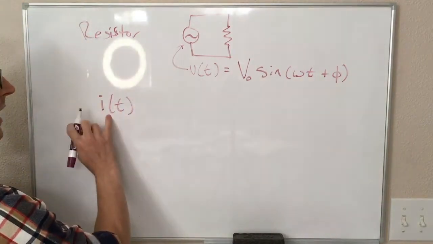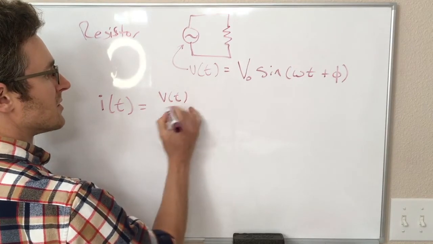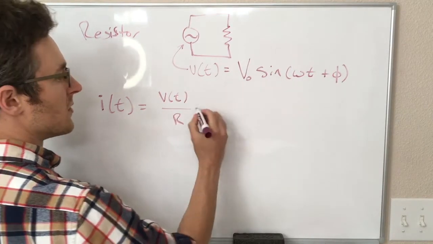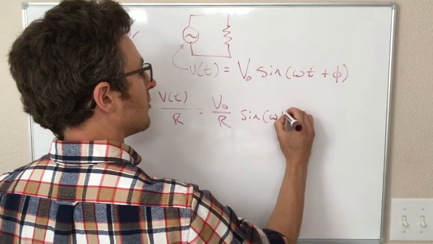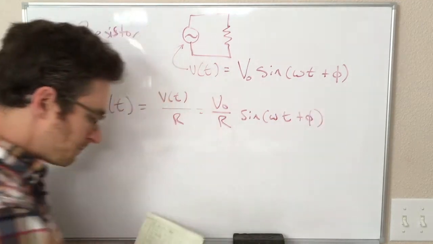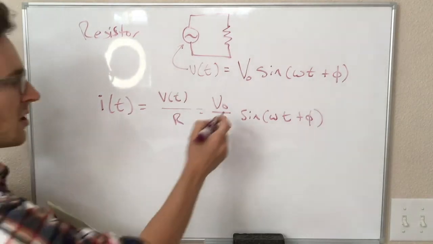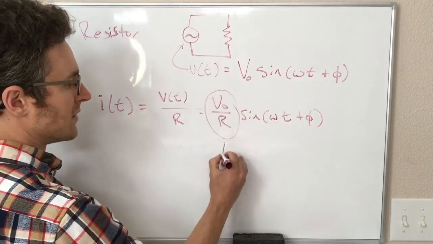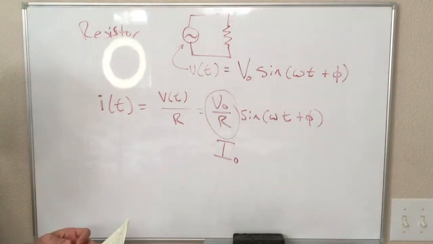So that I value at time t has to be equal to that V value at time t over R. So this is just V naught over R sine of omega t plus phi. This, of course, is going to give us some current magnitude. I guess we could call that I naught or something like this for this oscillation.